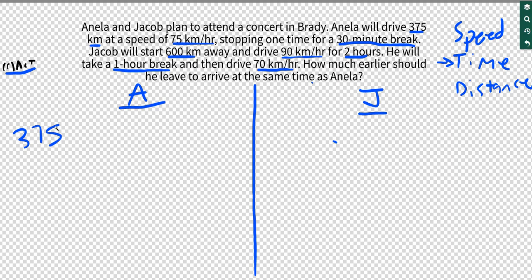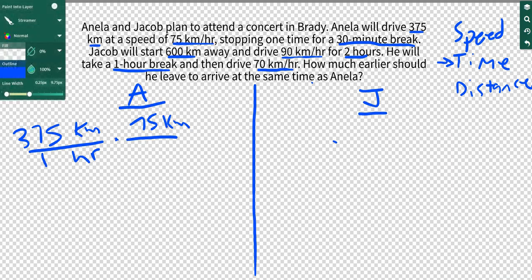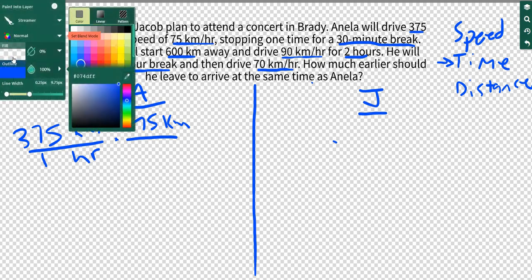I'll make it a fraction like this, but I messed up, so forget about that.